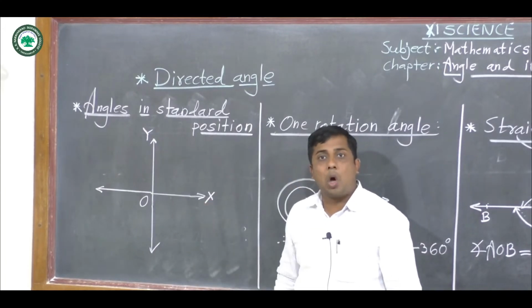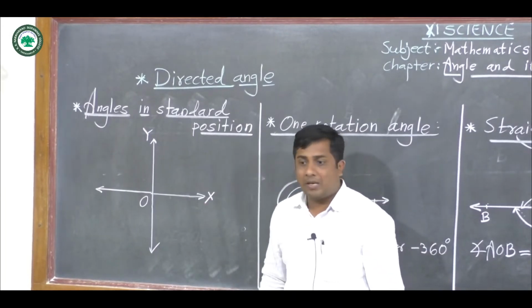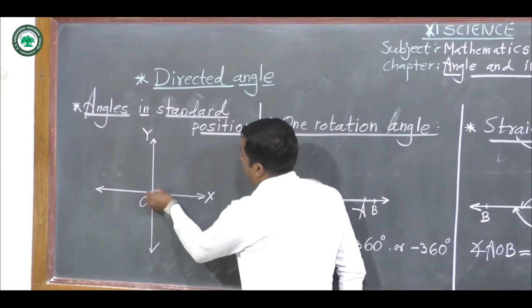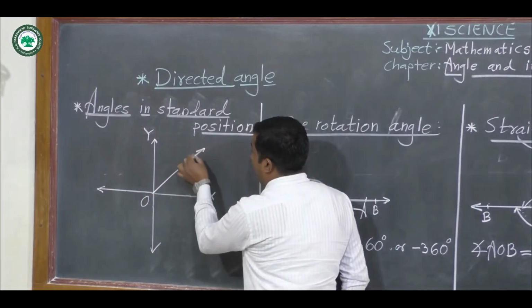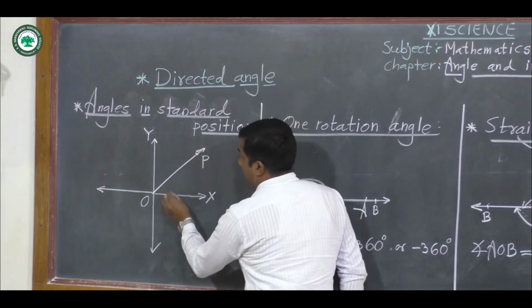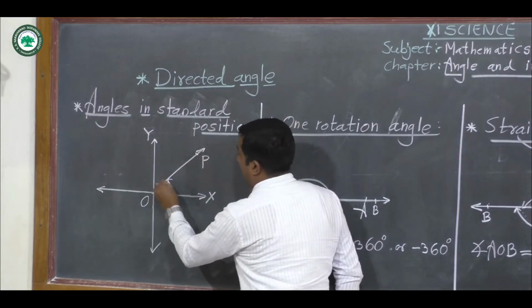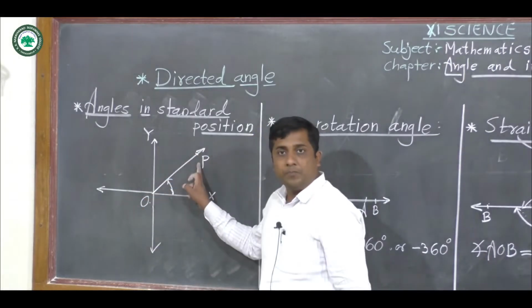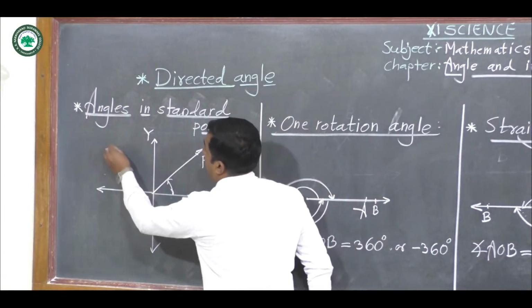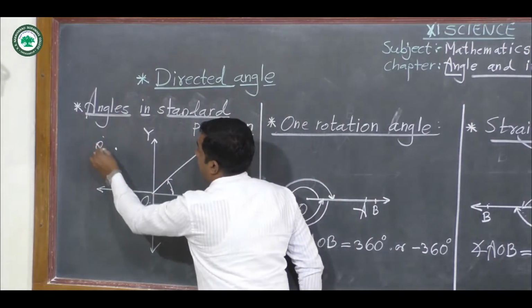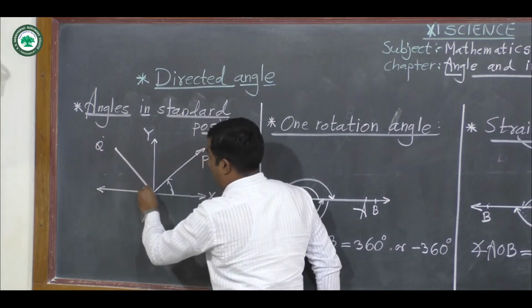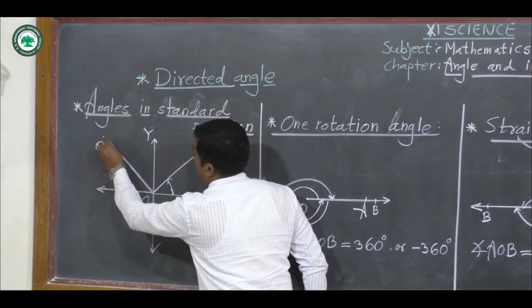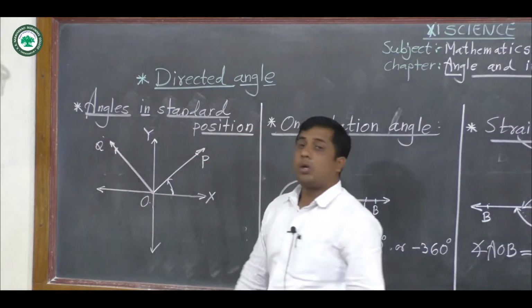Let us consider here is our ray OP. If we consider rotation anti-clockwise, we get angle XOP. Then we consider the ray OQ like this.